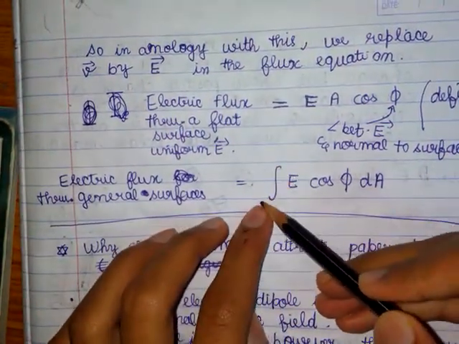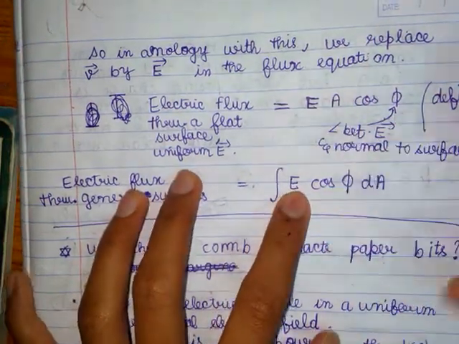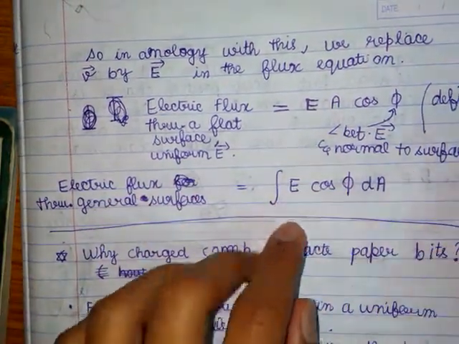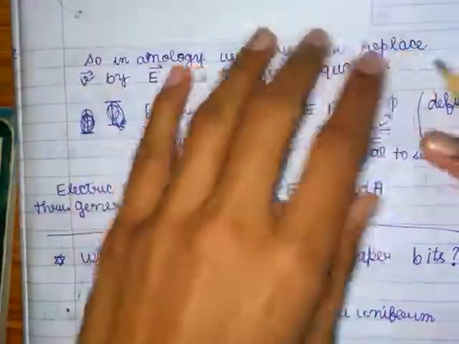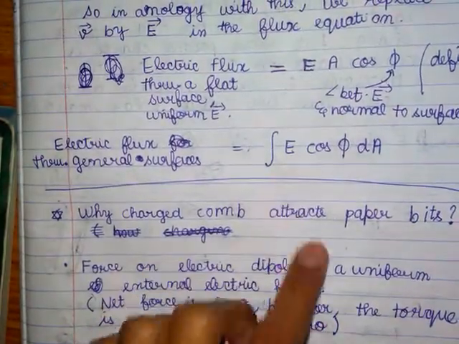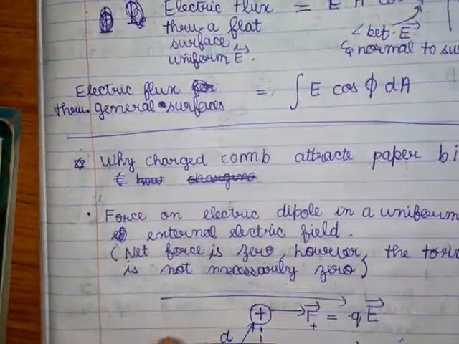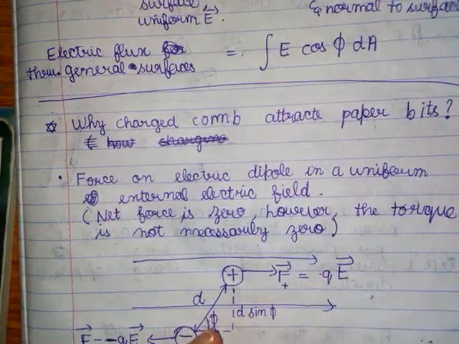This long s represents summing, and this is called an integral, but don't worry about that. It simply means that we do E cos phi dA and sum it over the whole surface, and how we do it will require knowledge of calculus, which I will make in a further video, but forget it.